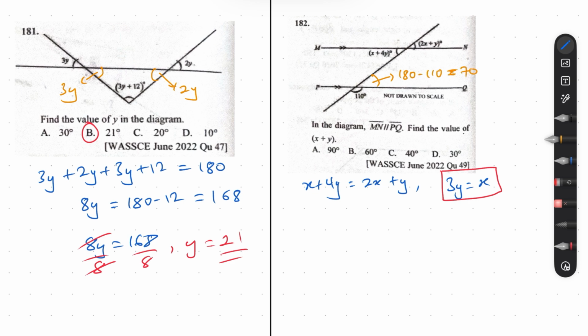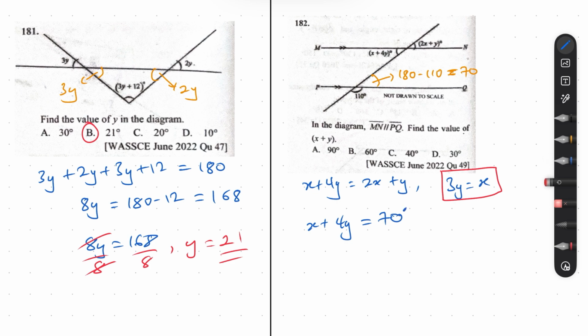will give us 70. Now, since we know this angle, that means we know the value of this angle, because this angle and this angle are alternate, so they'll be the same. That means we can equate x plus 4y to 70.